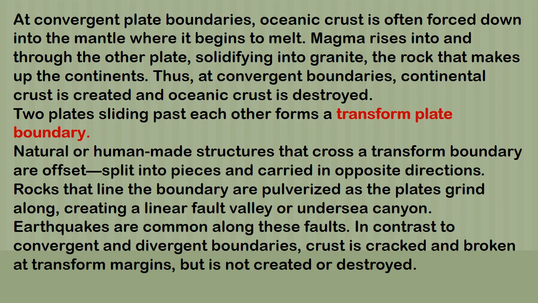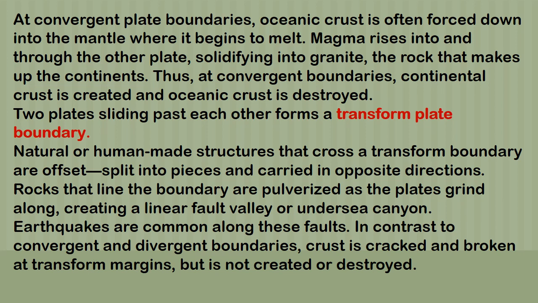Thus at convergent boundaries, continental crust is created and oceanic crust is destroyed. Because the oceanic crust is thinner compared to the continental crust, it doesn't get any chance to override the continental crust, and hence it gets subducted and destroyed, melting down deep within the earth.